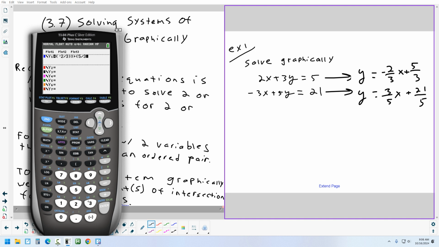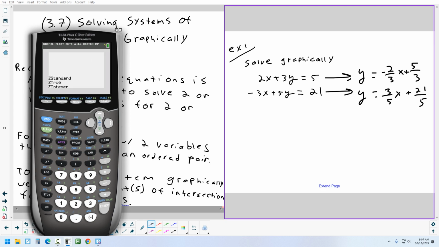There's other ways you can do fractions, but what I did there is fine. I'll show you another way you could do it. For the bottom one, I'm going to do 3x divided by 5. That's exactly the same thing as 3/5 x plus 21 fifths.